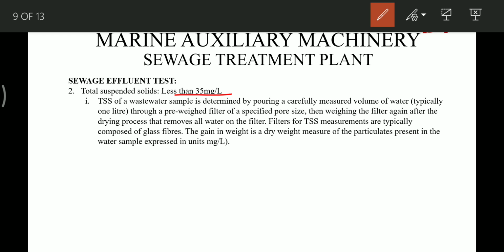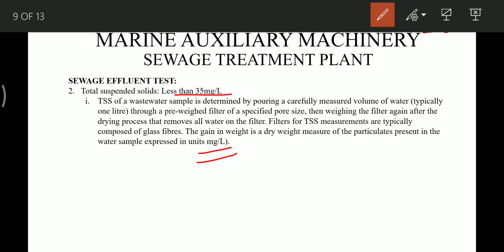Filters for this measurement are typically composed of glass fibers. The gain in dry weight is a measure of the particulate present in the water sample, expressed in mg per liter. So this is the unit.